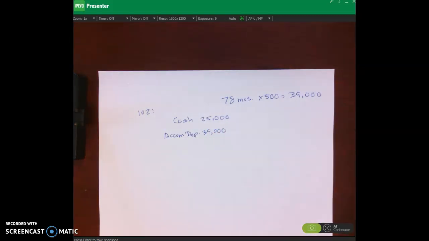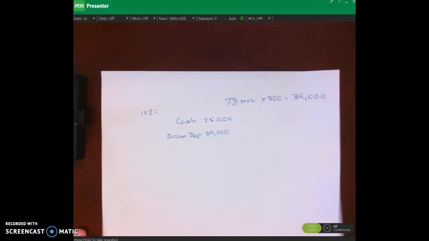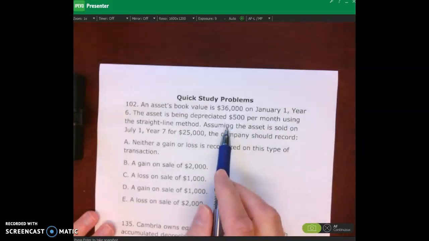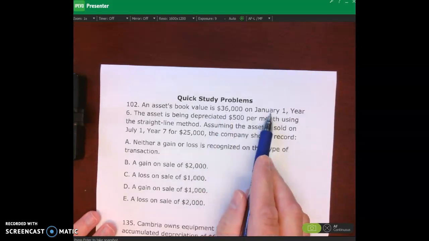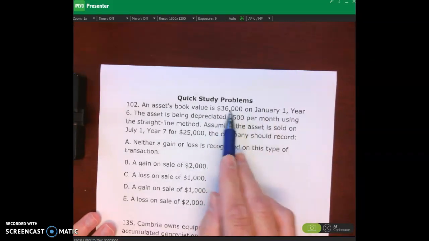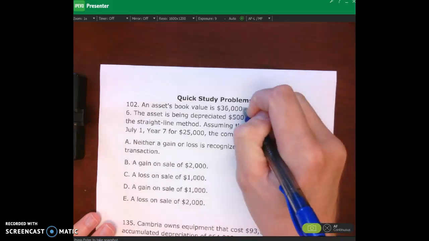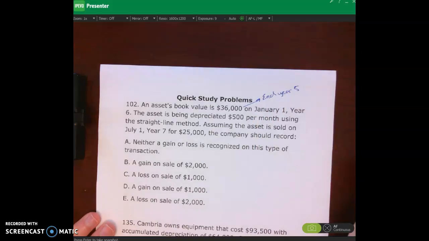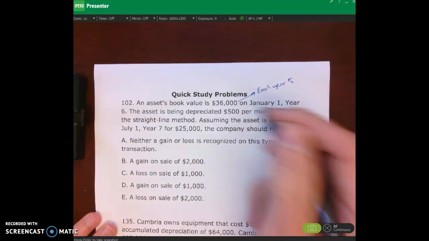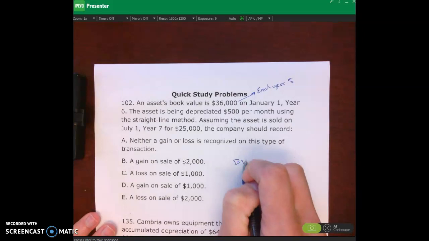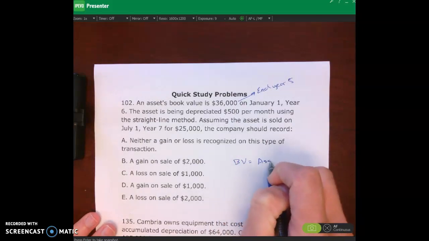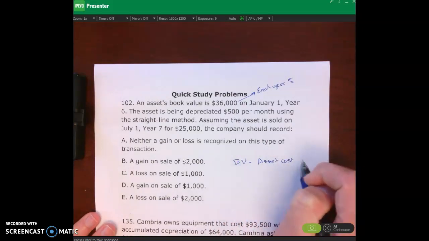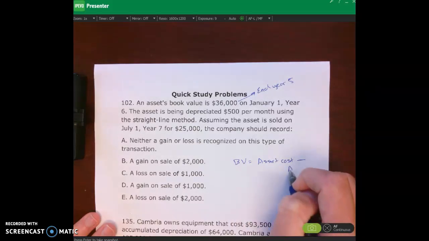That would be the amount of accumulated depreciation right there. Now, it says right over here that the book value after 5 full years, so this is the beginning of year 6, so that is end of year 5, the book value is $36,000. Remember, book value equals asset cost minus accumulated depreciation.